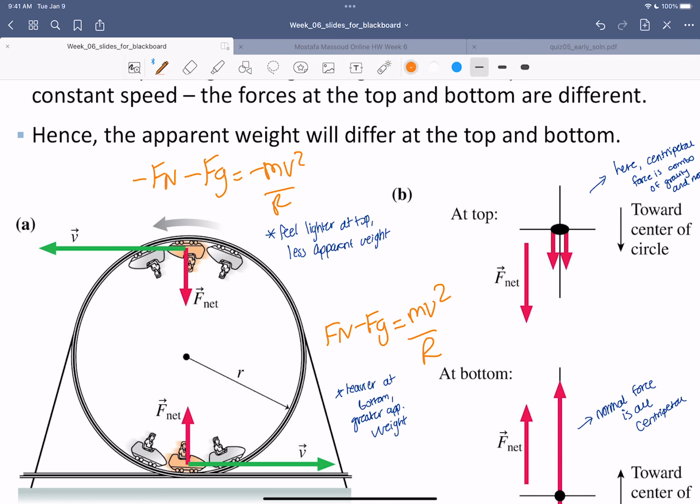So we'd have negative Fn is equal to Fg minus mv squared over r, and then if we multiply everything by -1, you can see that Fn is equal to negative Fg plus mv squared over r. Or if we rearrange it, mv squared over r minus Fg is equal to Fn. So by default, our normal force has to be smaller than our gravity. And so they just drew it wrong, I'm pretty sure.